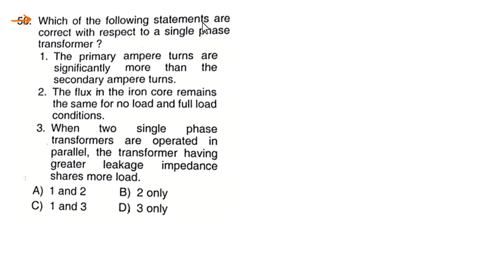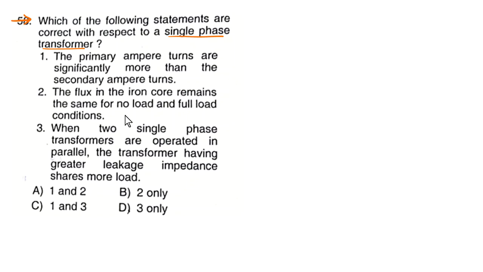Which of the following statements are correct with respect to the single phase transformer? The primary ampere turns are significantly more than the secondary ampere turns. The flux in the iron core remains same for no load and full load condition. And the third one: when two single phase transformers are operated in parallel, the transformer having a greater leakage impedance will share more load.